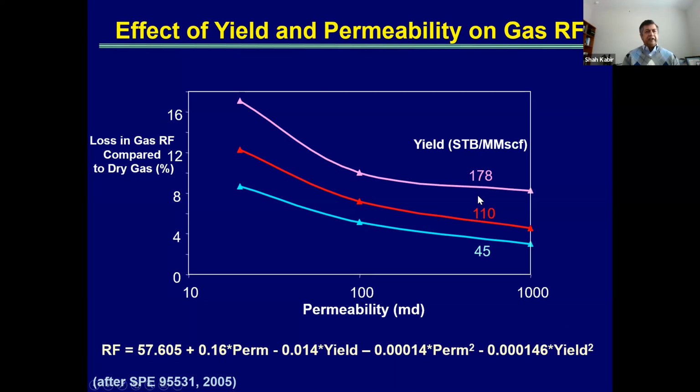Another way of looking at it, as you can see, these are high yield. The one that I displayed previously was only 45. As the yield increases, these are, by the way, based on the fluids we have in different fields in the entire system, so I didn't pick them arbitrarily. This was a big challenge for us.